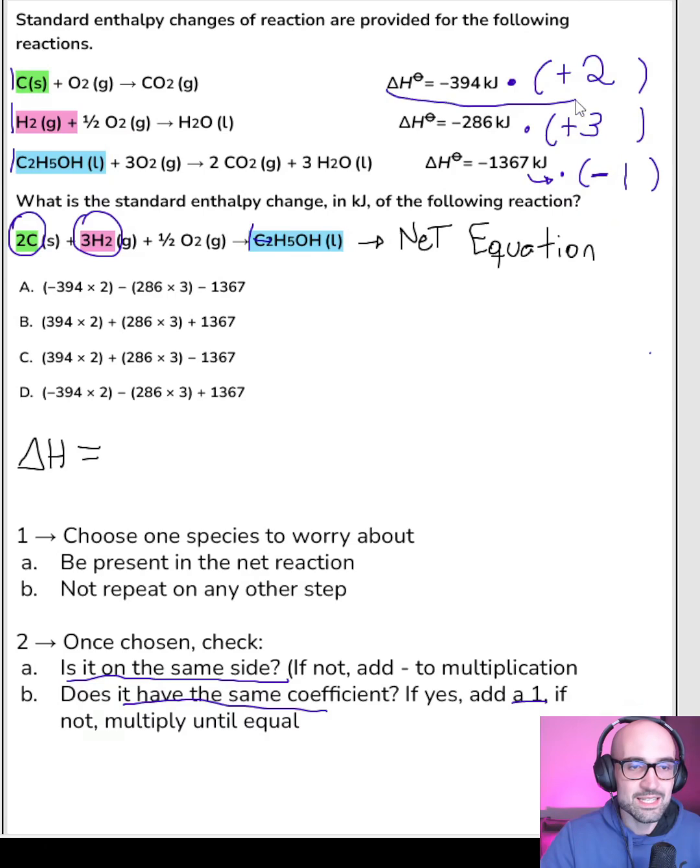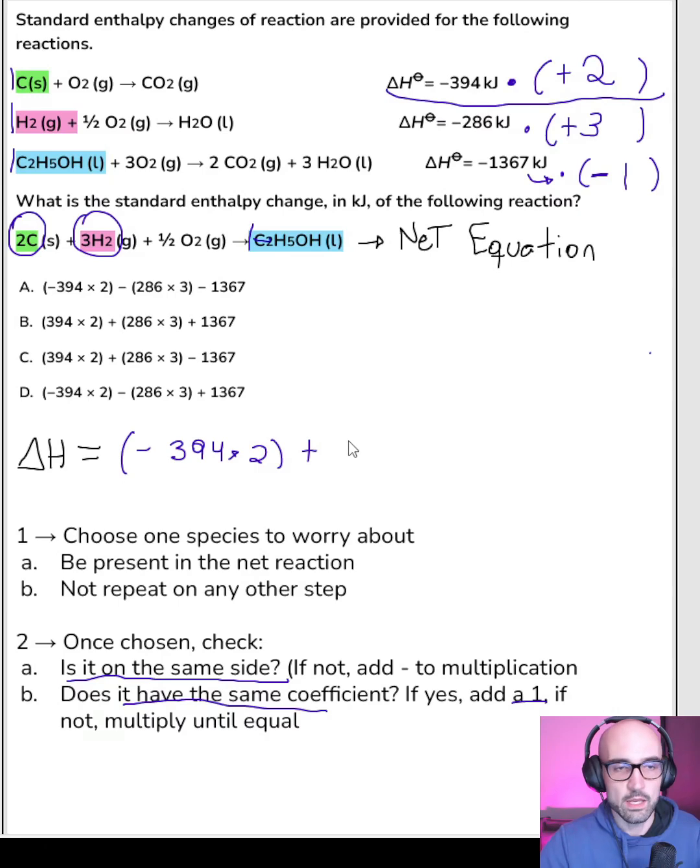So now you just assemble your delta H. It's going to be minus 394 times 2 plus, because Hess's law states that you have to add it, right? So you don't change this sign unless it's absolutely necessary. The second step is going to be minus 286.